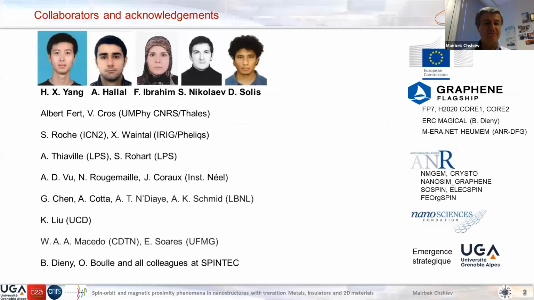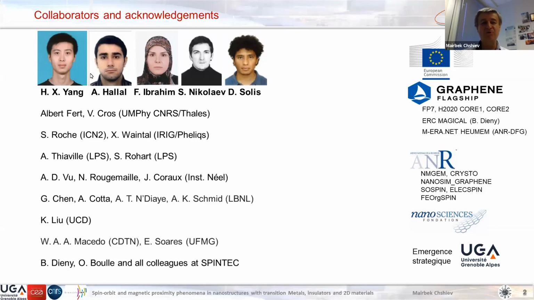Without them, it would be very hard. First of all, it is Hongxing Yang, who was my first PhD student when I was in France. He went back to China, and he is now a professor in Ningbo. Ali Halal and Fatima Ibrahim have been working with me for 5 or 6 years, and are excellent theoreticians.